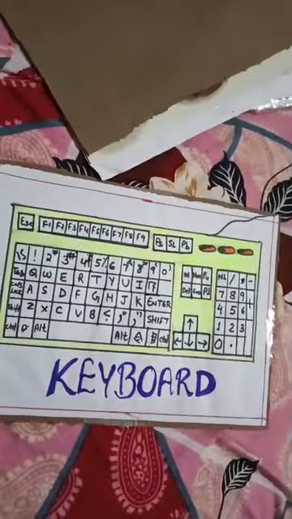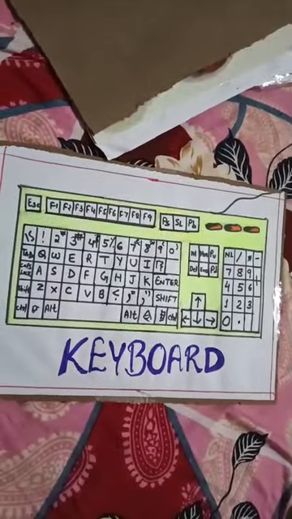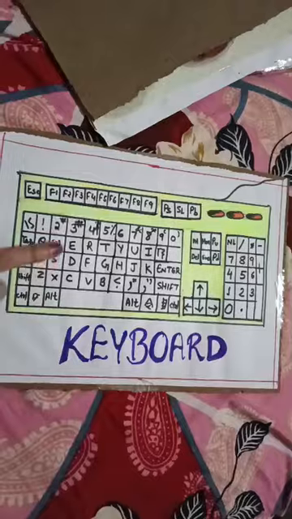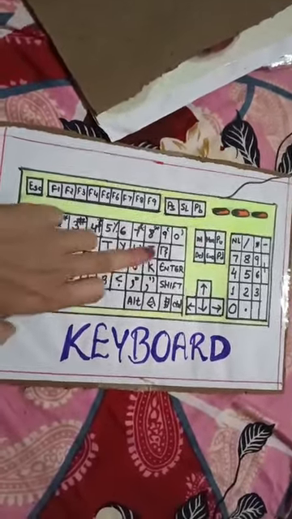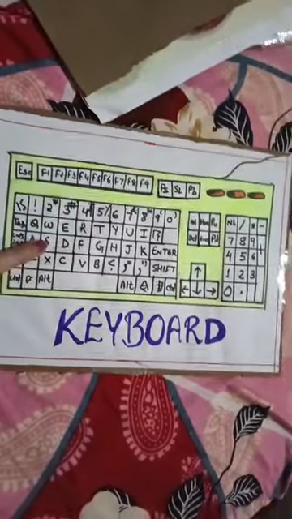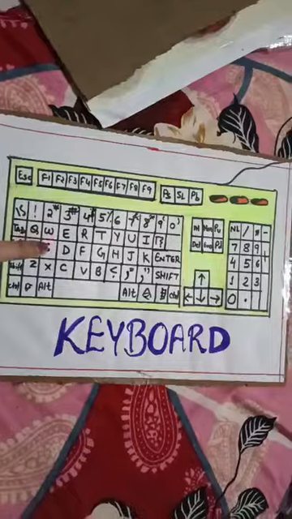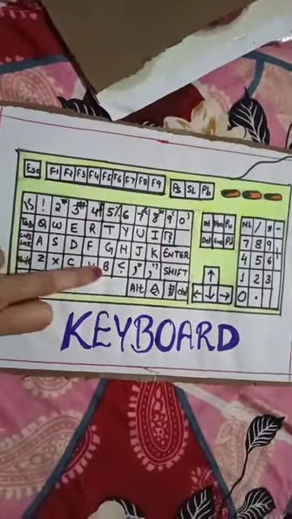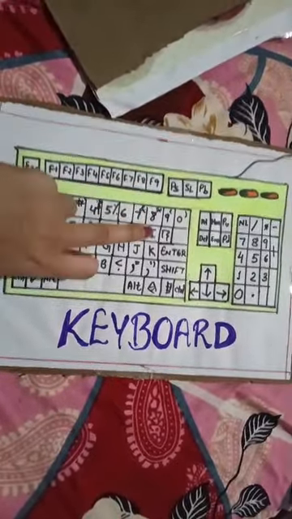Okay, for example, if your name is Neelakshi, then what would you type? Okay, Sakshi. Your name is Sakshi, then you will type SAK, next SHI.